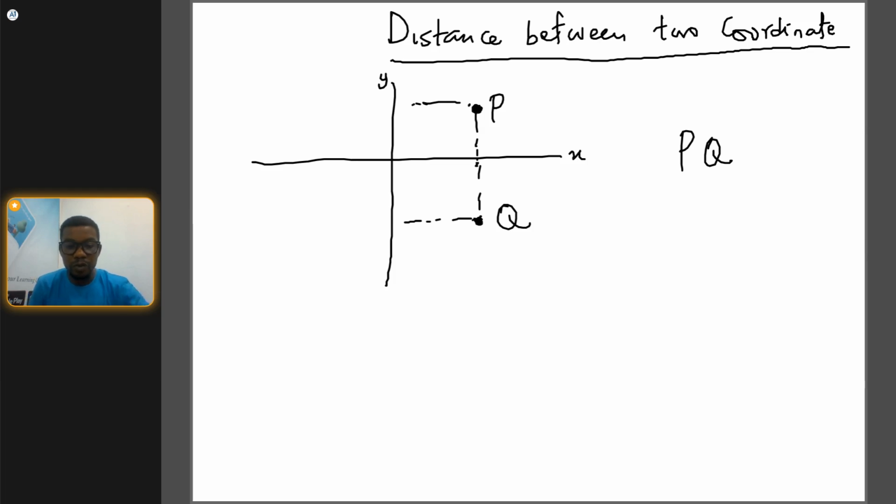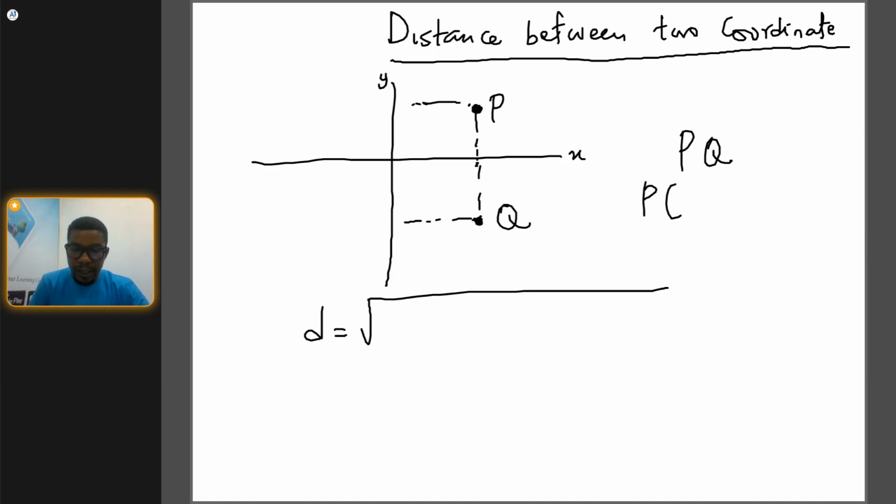The formula we use is d, which represents the distance, equals the square root of, coordinate P is x1, y1, because we are dealing with a graph, and Q will be x2, y2.